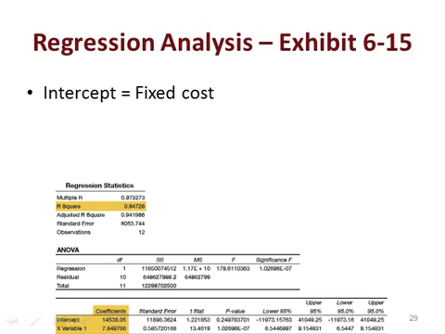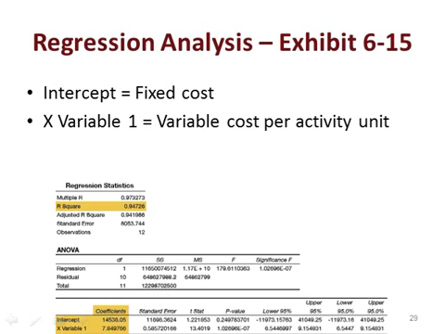So the intercept, which we see down at the bottom of the page highlighted with a coefficient of 14,538.05, that is our fixed cost. So that is the point on the y-axis that the line intersects the y-axis for the relevant range of data we're considering. The x variable is the variable cost per unit of activity.